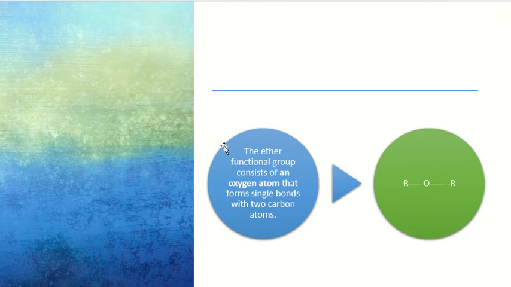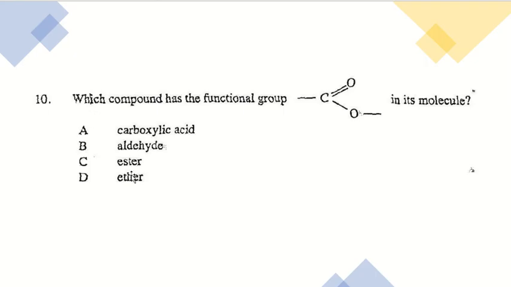Last one is ether. The ether functional group consists of an oxygen atom that forms single bonds with two carbon atoms. In this way, this one is R, this is R carbon, this R is also carbon, and between them is an oxygen atom. So these are the four functional groups we studied: ether, ester, aldehyde, and carboxylic acid.